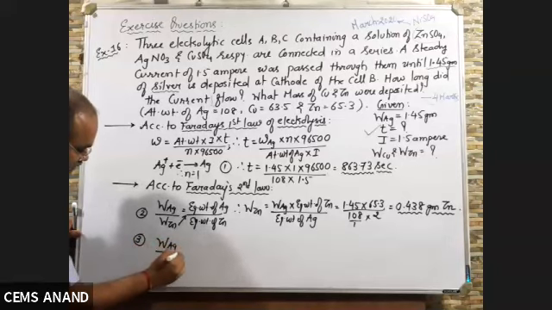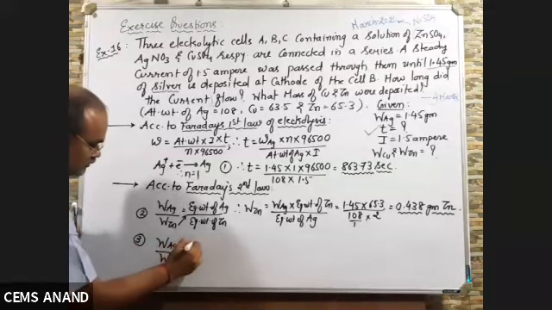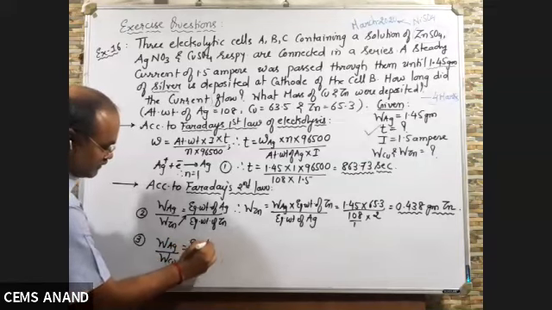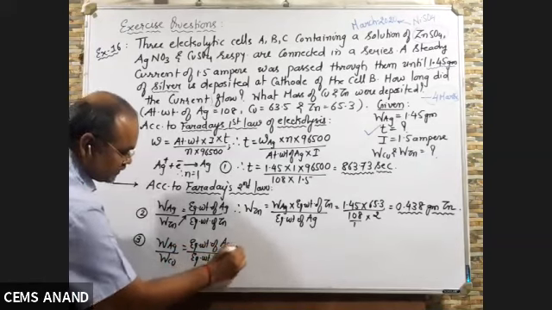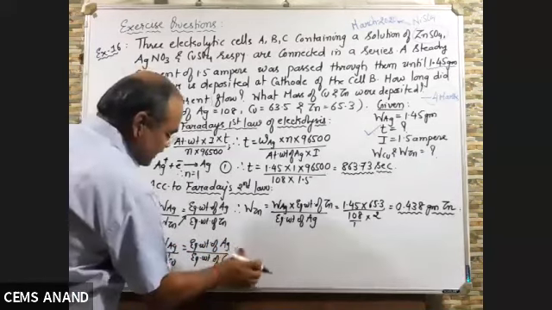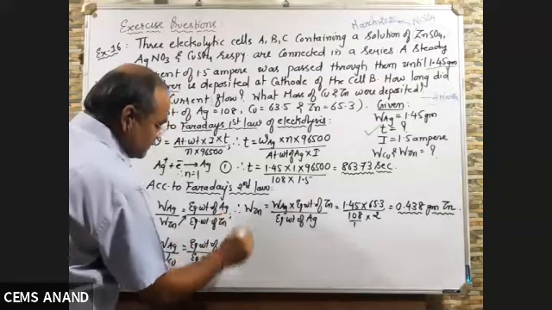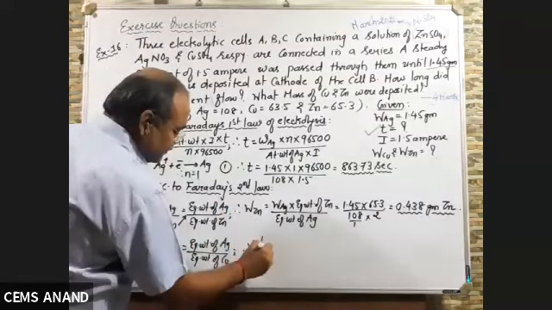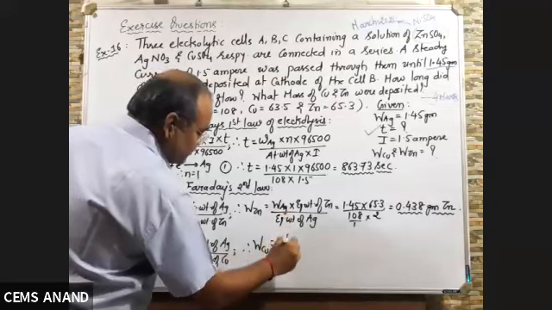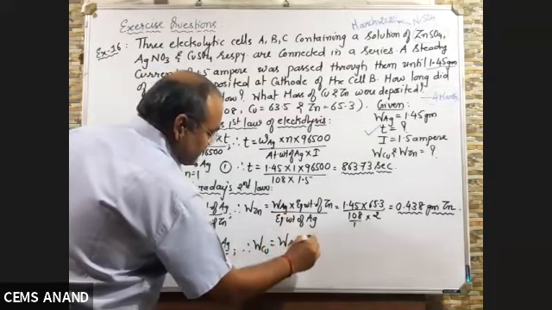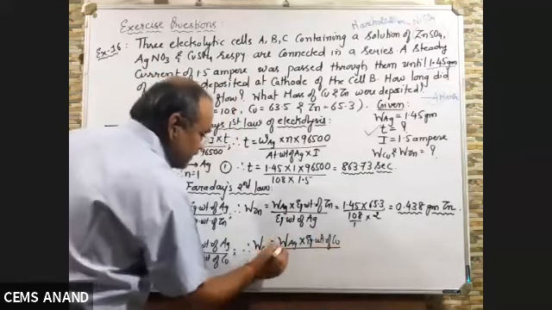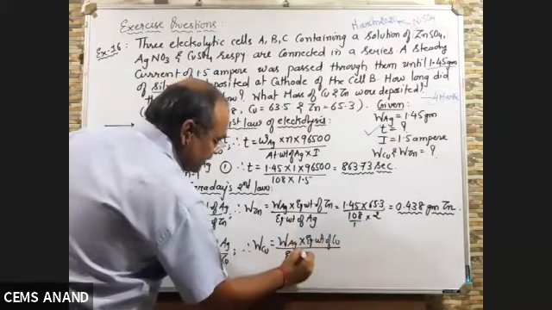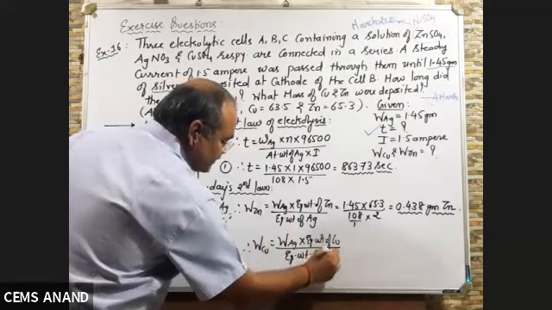weight of silver divided by weight of copper will be equal to equivalent weight of silver divided by equivalent weight of copper. So therefore, can I write like this? Weight of copper is equal to weight of silver into equivalent weight of copper divided by equivalent weight of silver.